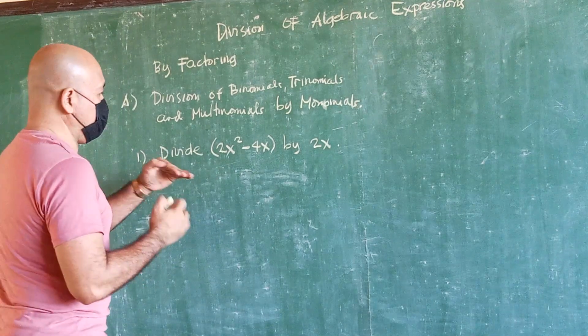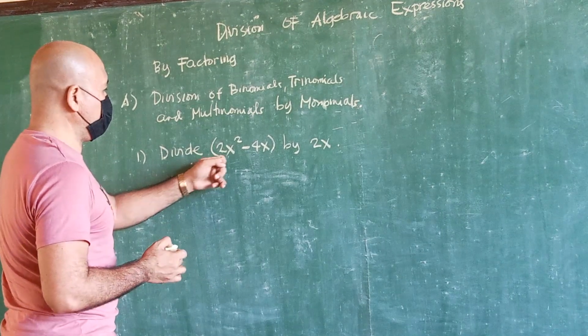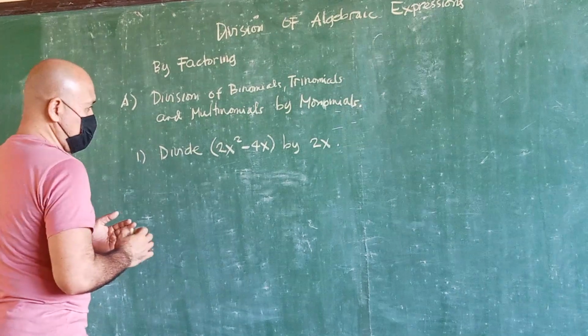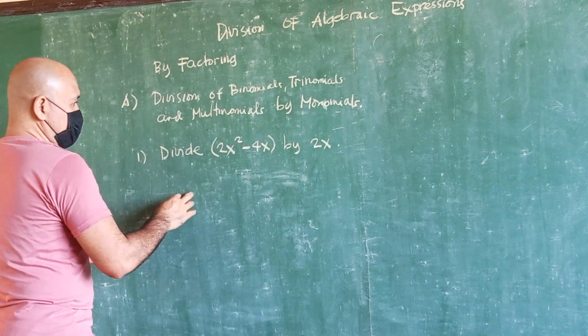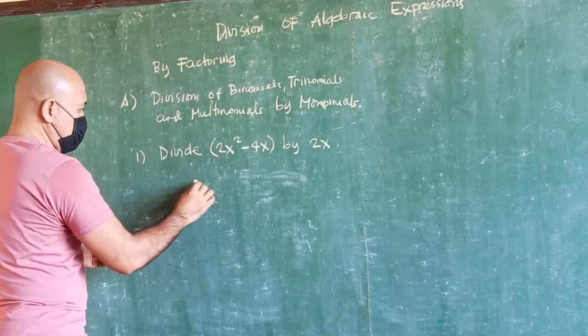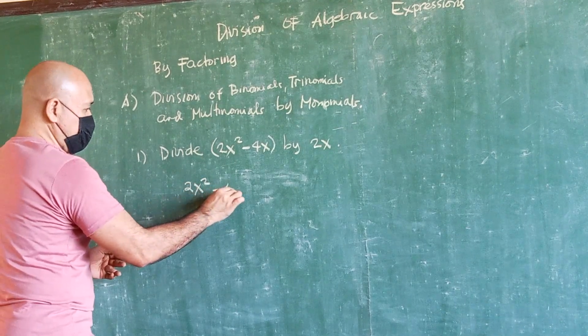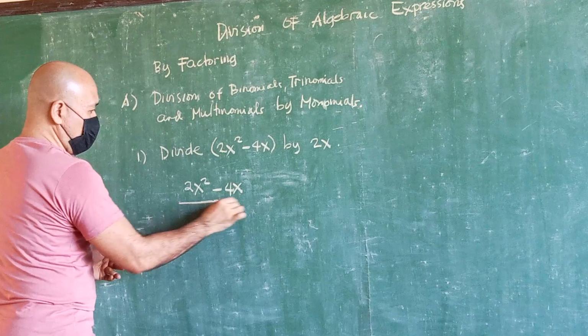So for this example, our dividend is binomial. What we're going to do is just simply rewrite this one into vertical form. You have 2x squared minus 4x over 2x.